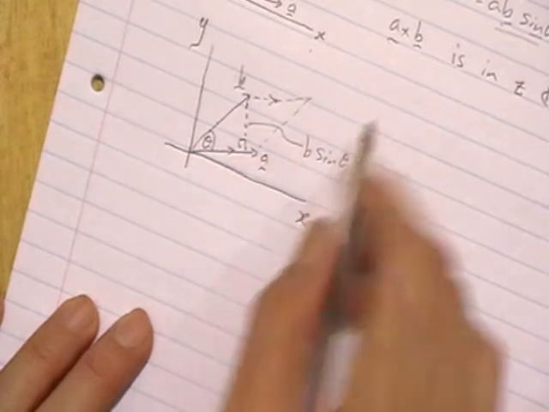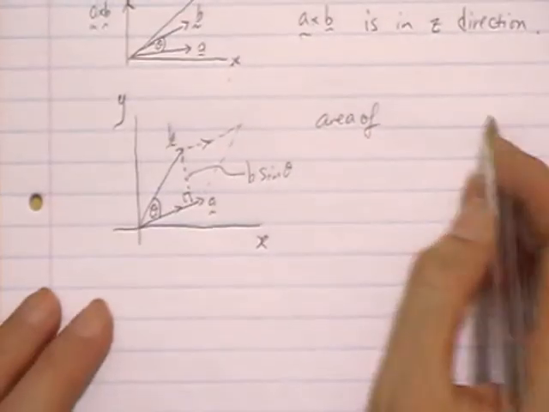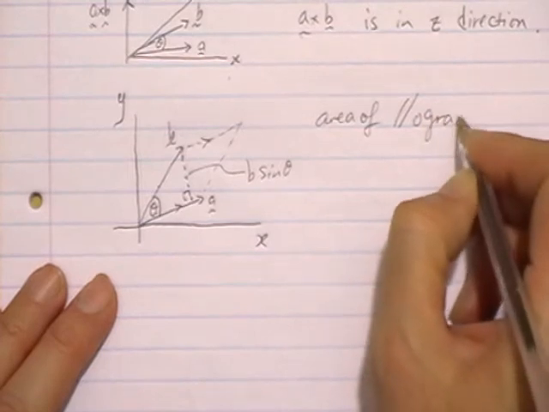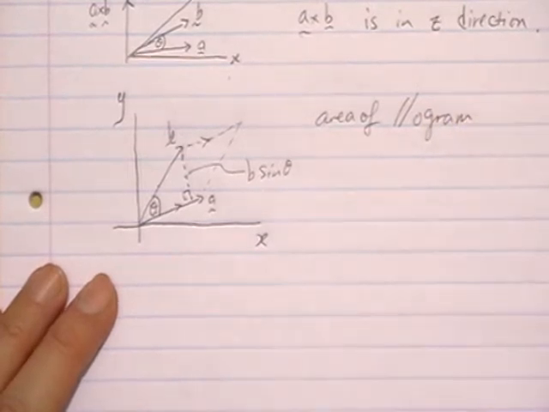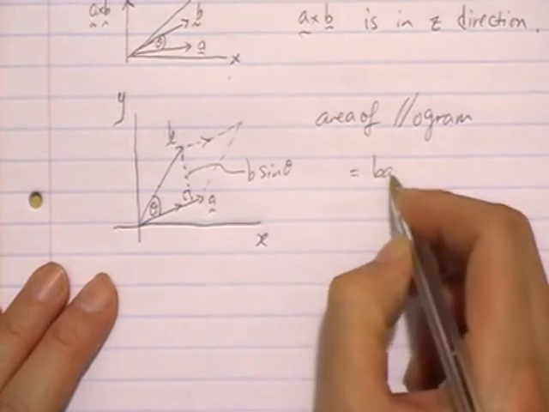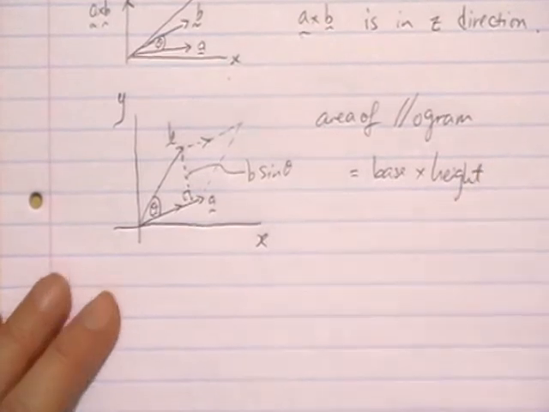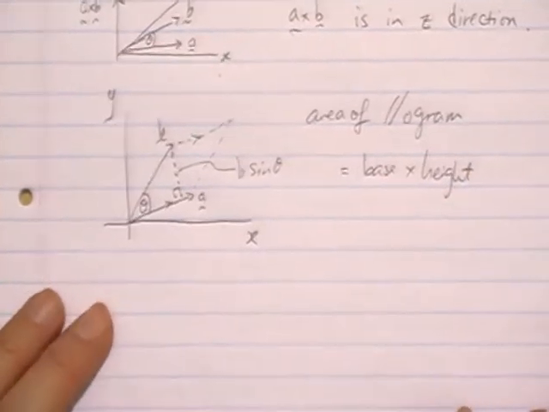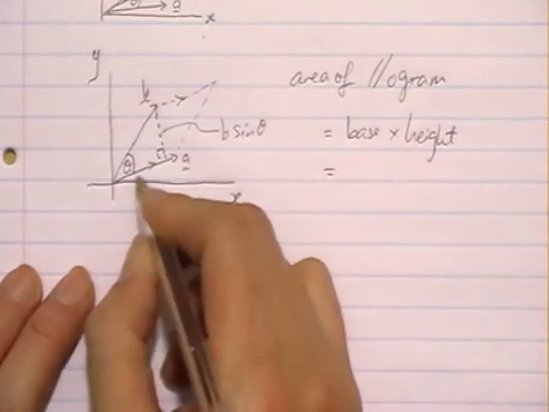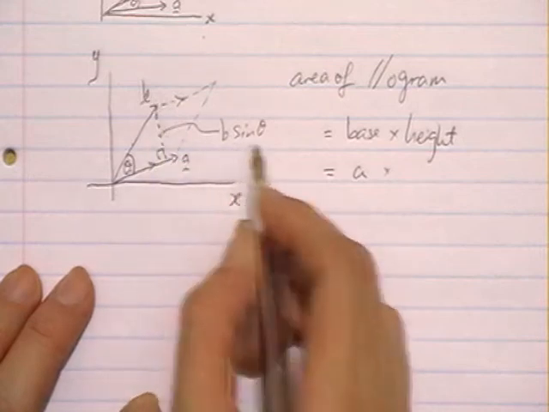And we know that area of a parallelogram, that's how we might write parallelogram shorthand, is equal to base times height. And in this case, the base is A and the height is B sine theta.